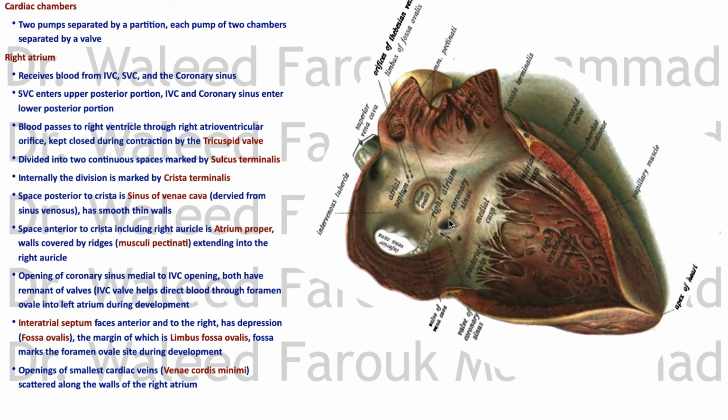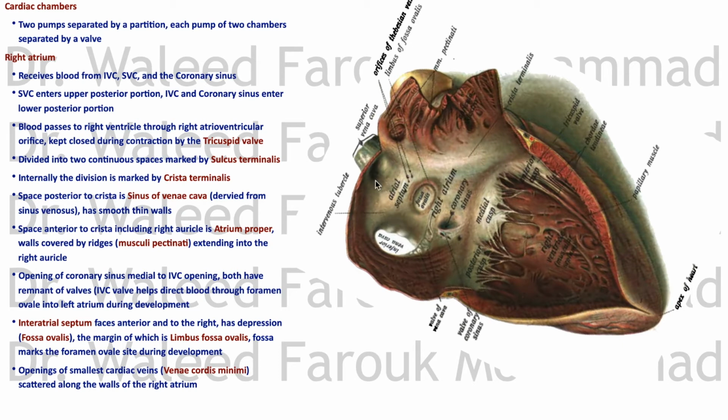Before, during development, there was a right side pump and a left side pump, but this pump got twisted to the left, so the right side became anterior and the left side became posterior. Don't forget this.